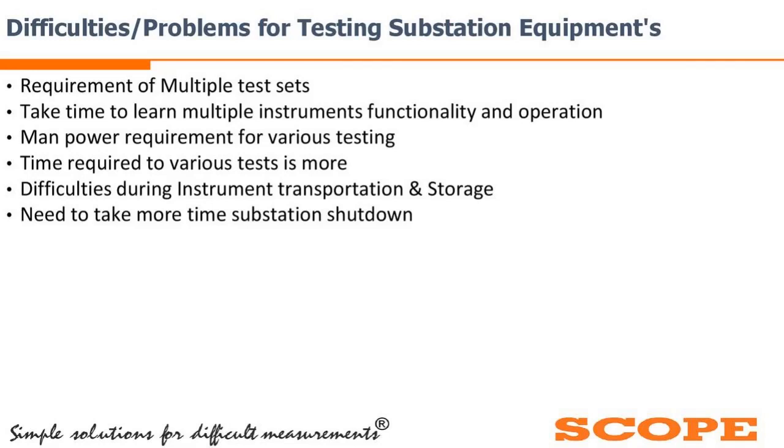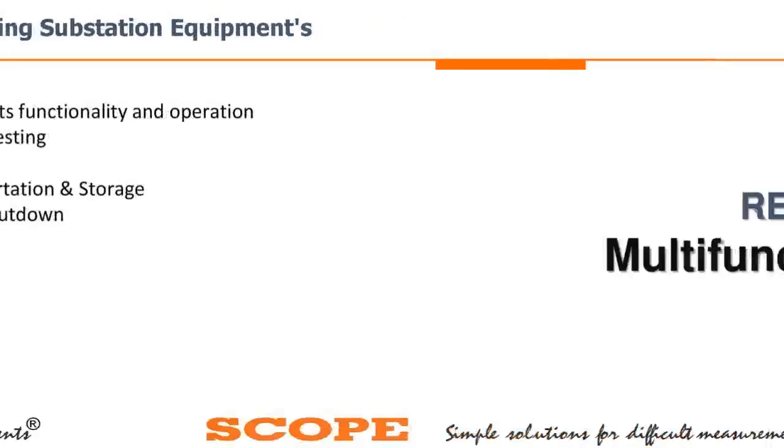Then we face difficulties during testing, transportation and storage. After that, during testing, we need to take longer shutdowns. These are the difficulties we face during testing of various equipments of substations on the generation side, transmission side and distribution side.